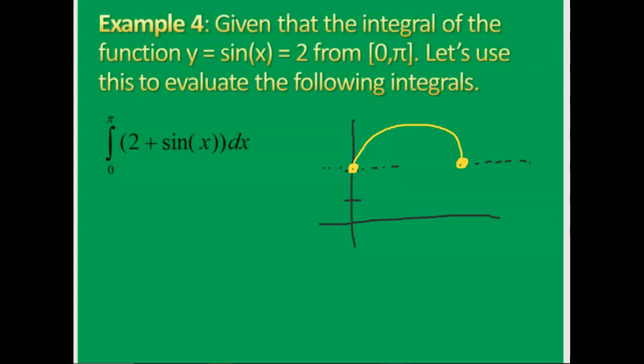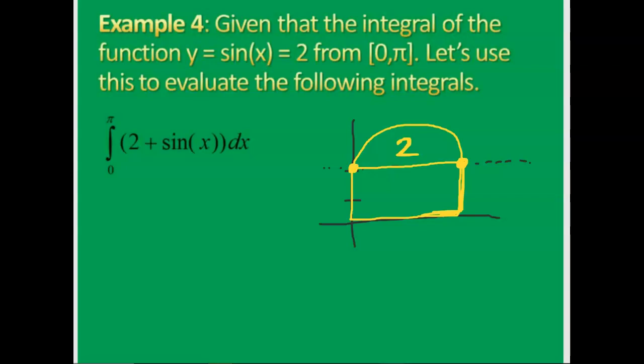We're still given the statement that this area here is 2. But now to get from the sine curve to the x-axis, I have this added rectangle below. So I need to find the area of that rectangle and add it to the area that we already know for my sine.